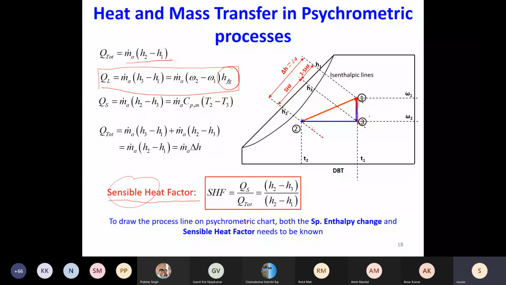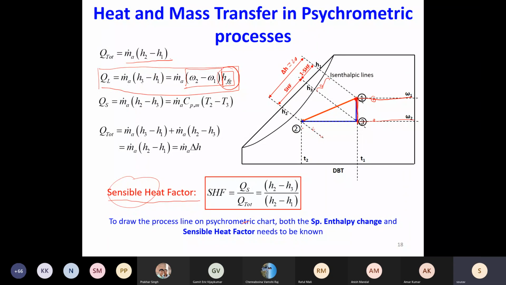So all the change in enthalpy is happening because there is a change in moisture content. So the amount of water vapor at this state and at this state is different. That difference in moisture content times the latent heat of vaporization will give you the enthalpy. So that will be equal to this.